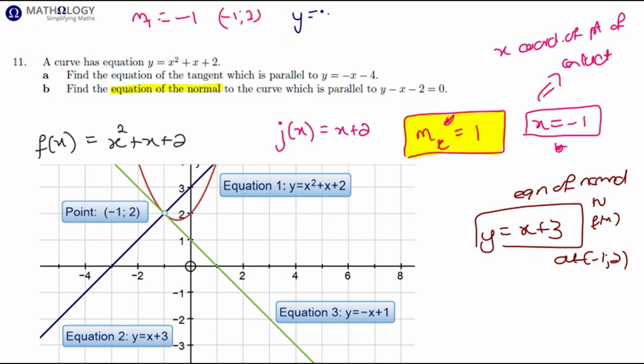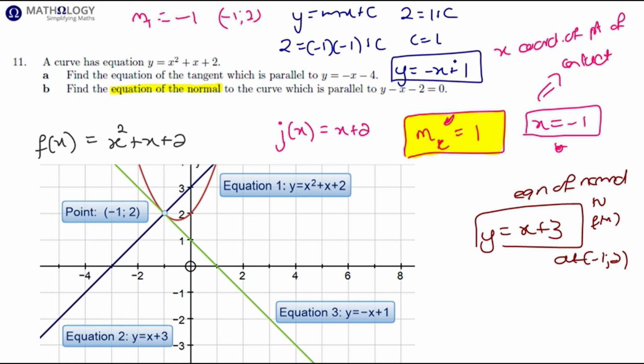So the equation of the tangent, y equals mx plus c. 2 equals, the gradient is negative 1, x is negative 1, plus c. 2 equals 1 plus c, c equals 1. And therefore y equals minus x plus 1. And this is the equation of the tangent to f at the point minus 1, 2.